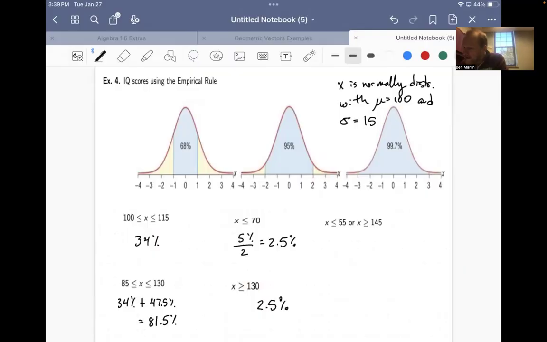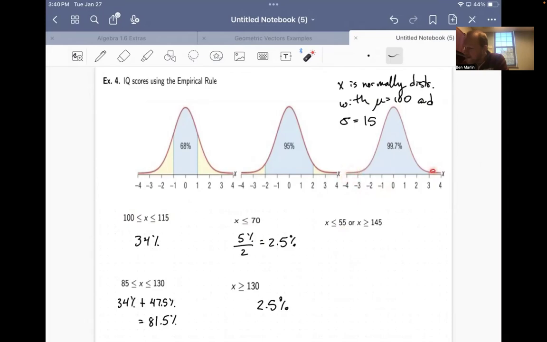And this last one has us thinking, what if we talk about less than or equal to 55? The middle is 100, and 3 standard deviations below, that's 45 units below, is going to be this part.